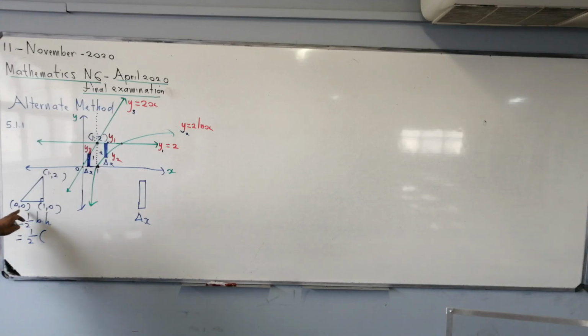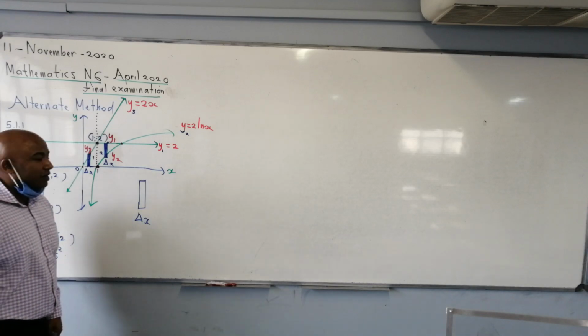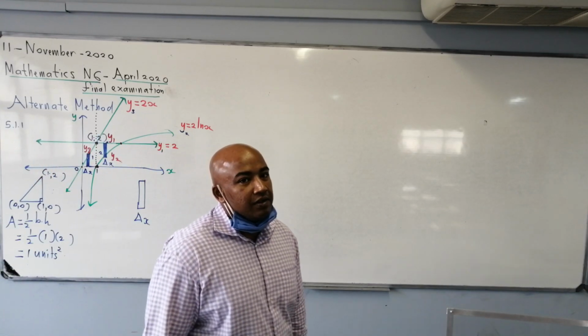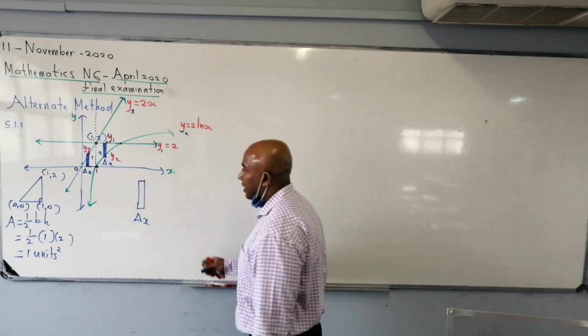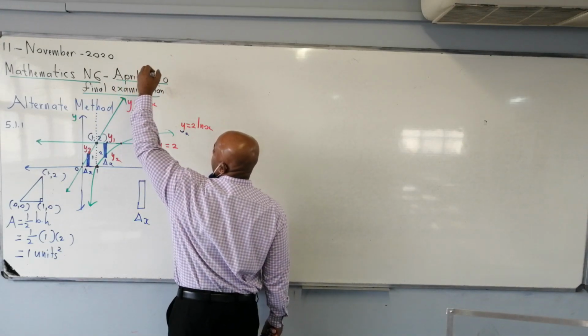The base is from 0 to 1, which is 1, and the height is 2, so 2 divided by 2 is 1 units squared for area number 1. But now let's use integration and work out the area. So let's go for area number 1.